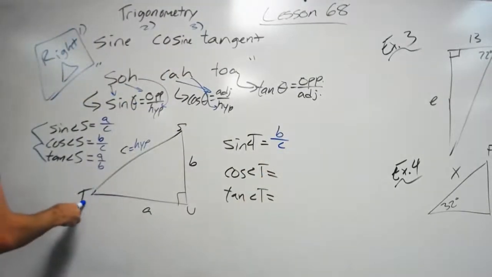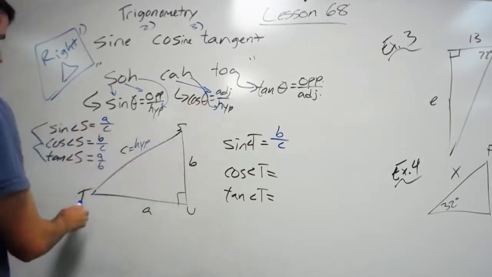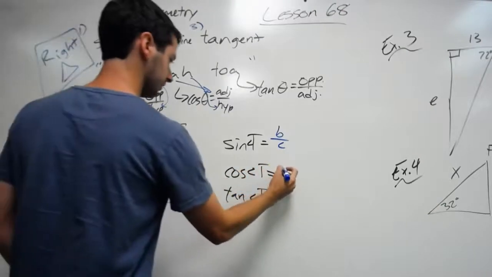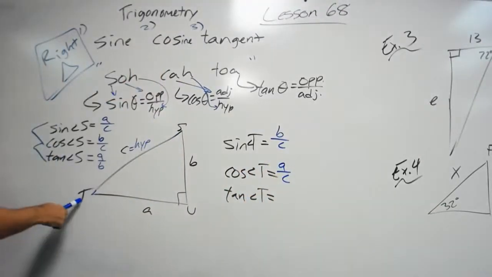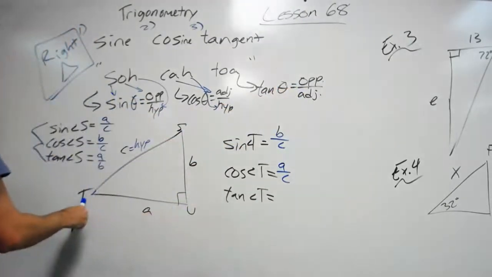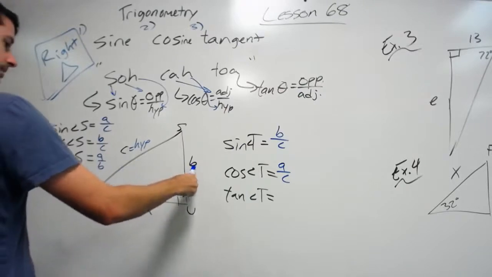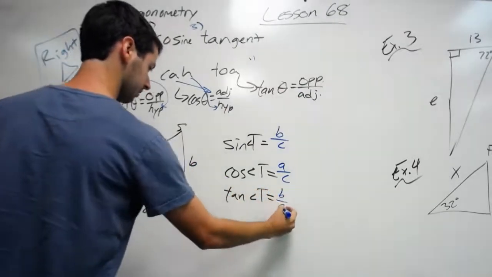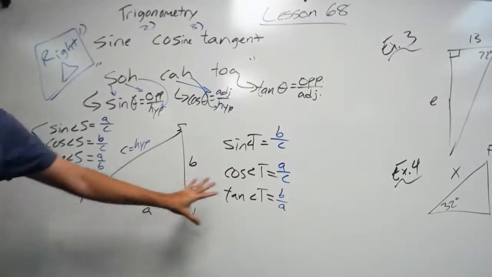Cosine of T is adjacent over hypotenuse, so adjacent is A, hypotenuse is C. And the last one, tangent, is opposite over adjacent. So tangent of angle T, my opposite is B over my adjacent A.